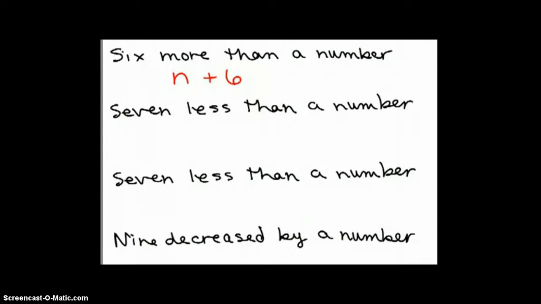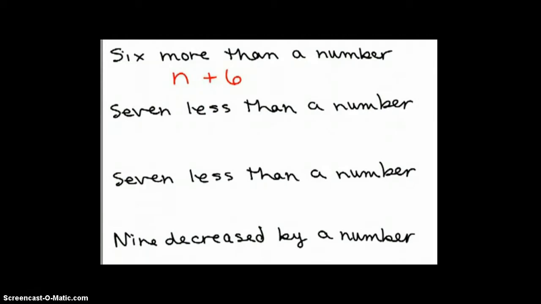But these next 3 are subtraction, and it's going to make a difference what comes first before the minus sign and what comes after the minus sign. So let's look at this first one. 7 less than a number. So one technique is thinking about how you would answer this question. 7 less than my age. How would you get that answer?